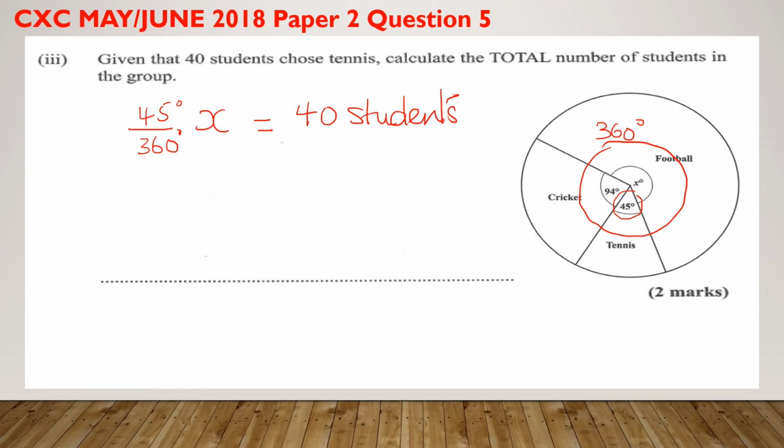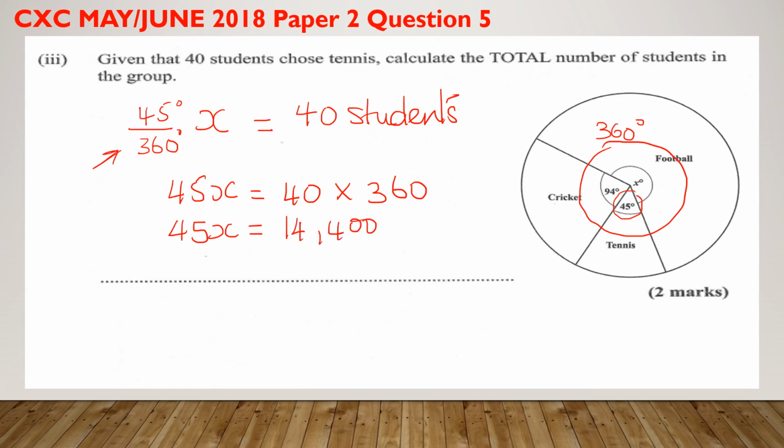Good. So we're going to cross multiply, and we're going to get 45x. Let's ignore the degrees. 40 times 360. We want to get rid of the denominator. Remember that rule? So I'm going to get 45x is equal to 40 times 360. That is 14,400. So x is equal to 14,400 divided by 45. And that is going to give us 320 students.